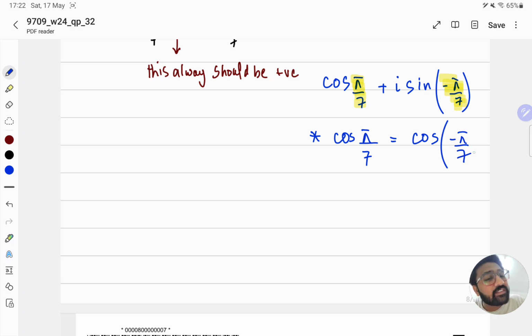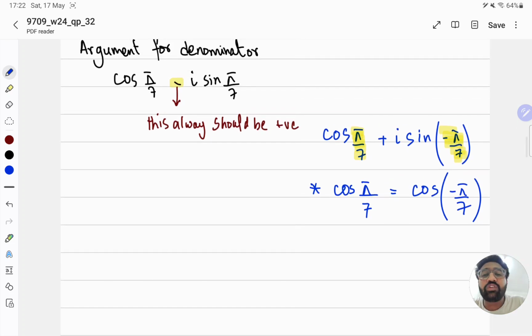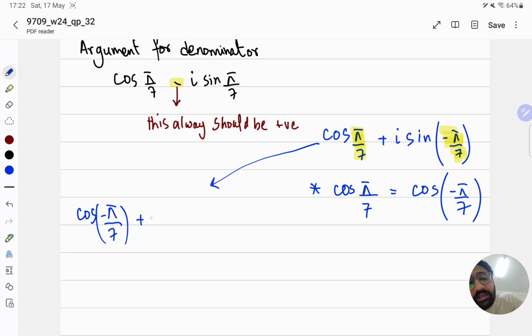So I will simply change this and it will become cos of negative pi by 7 plus i sine of negative pi by 7.